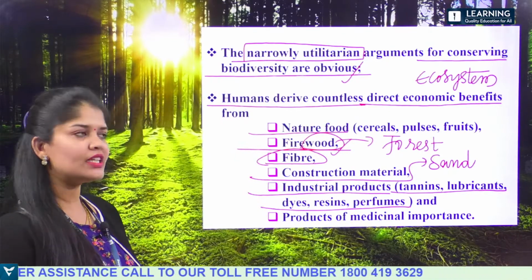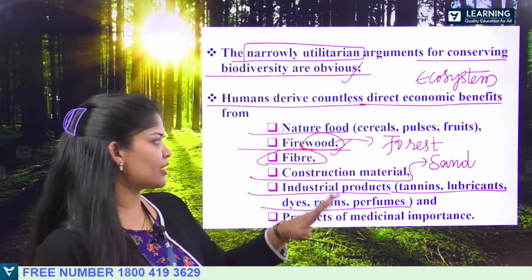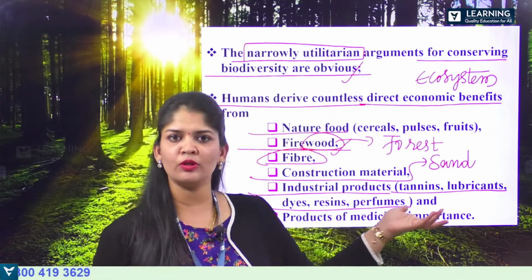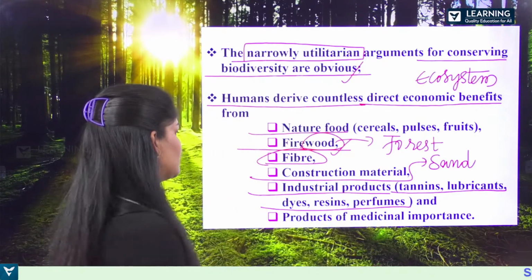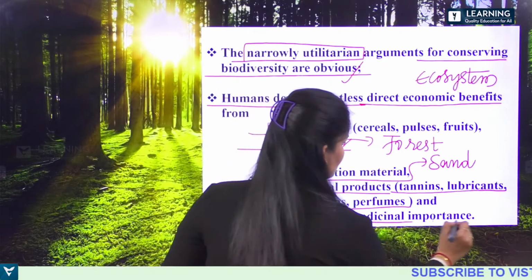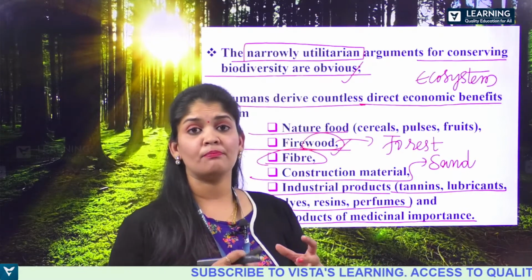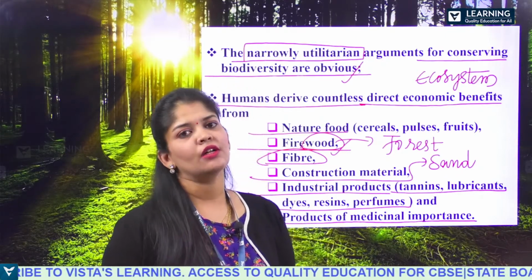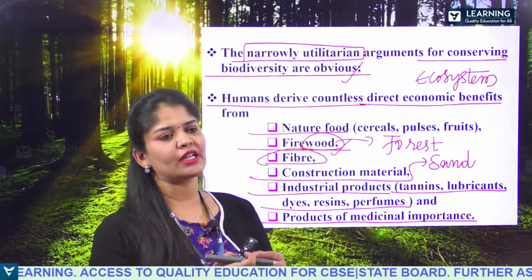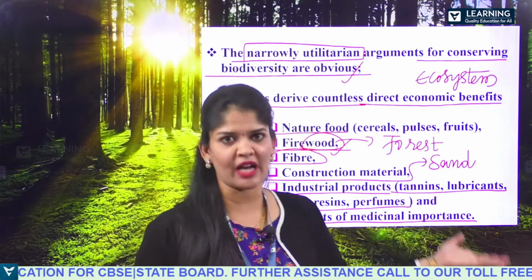This is all we are getting from nature, right? By converting all this into commercially valuable products, we are getting benefit out of it, and even we are getting products of medicinal importance. There are so many medicinally valued plant species present in our biosphere, where biodiversity is providing us very important Ayurvedic, medically valued plants, right?